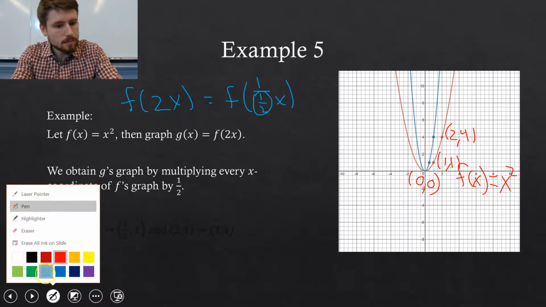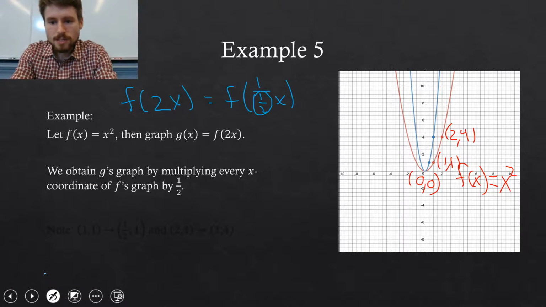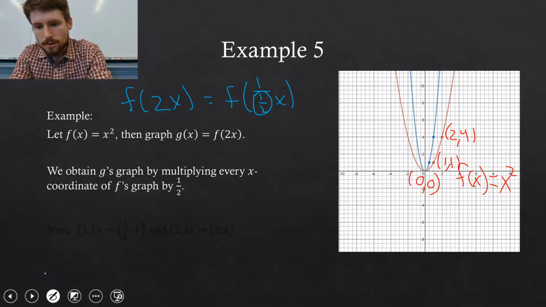But let's look at (1, 1). So we take its x coordinate and we multiply it by 1/2. So now it's (1/2, 1). (2, 4), where'd that go? We take its x coordinate, multiply it by 1/2, and so it's now (1, 4), just like that.